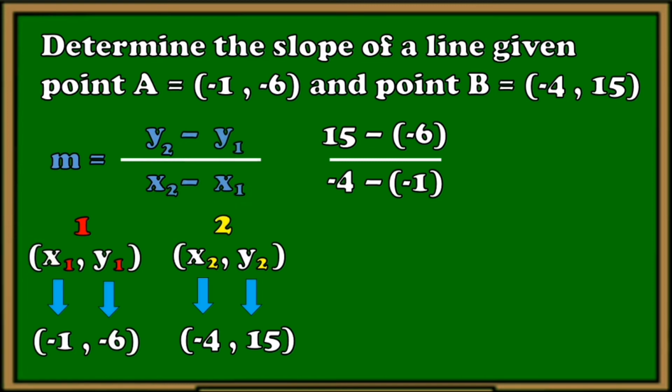Now let's simplify. 15 minus negative 6 is 21. And negative 4 minus negative 1 is negative 3. The simplified form of 21 over negative 3 is negative 7. Our slope is negative 7.